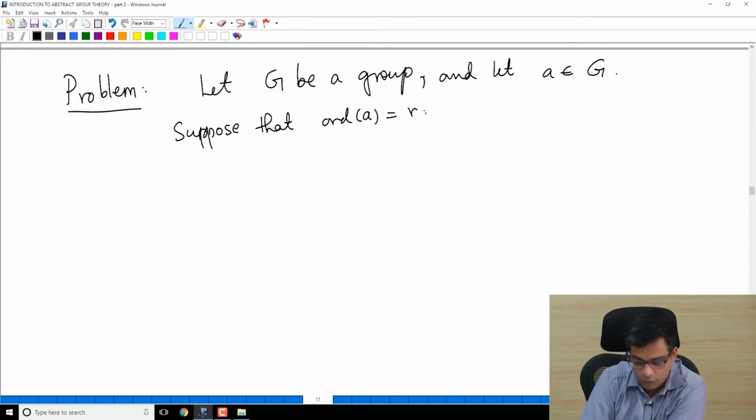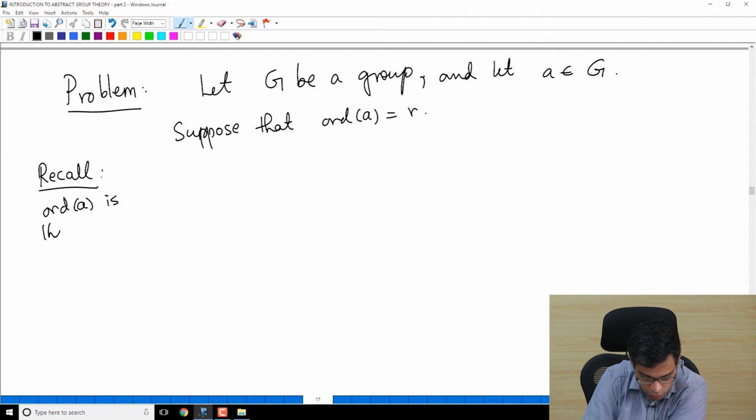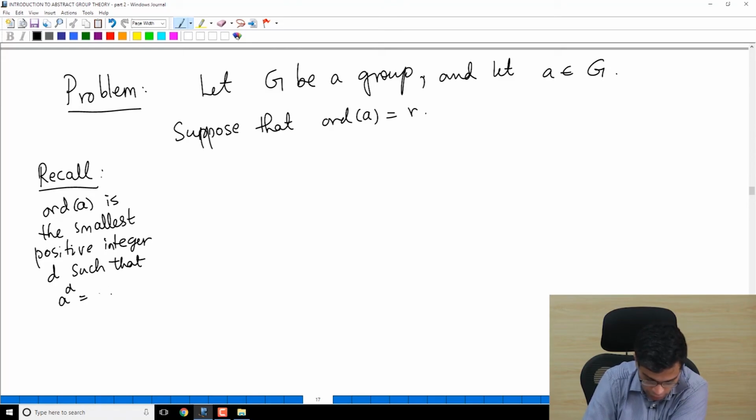So what is order of A? I am going to recall it here. Order of A is the smallest positive integer, let's say D, such that A^D is the identity element.